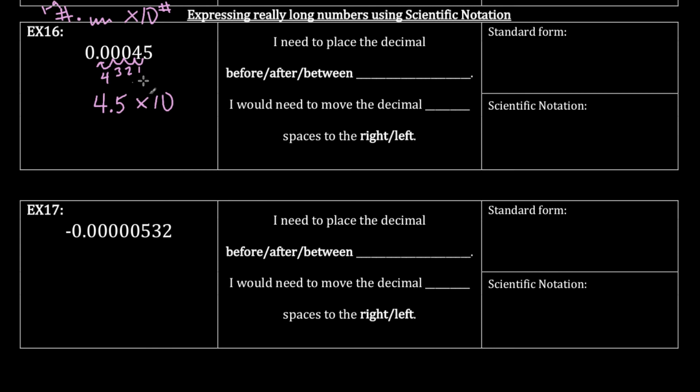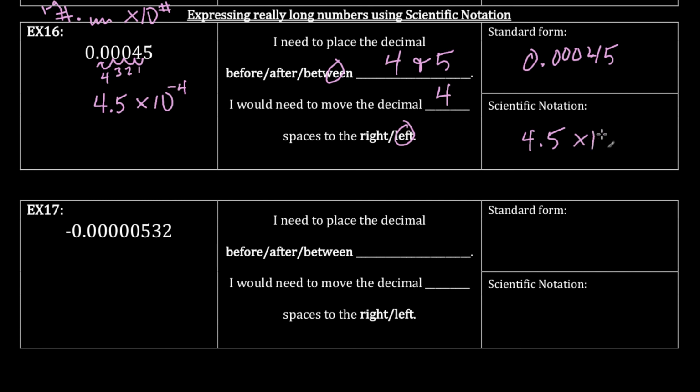So I need to put the decimal between the 4 and the 5, and I would need to move it 4 spaces to the left, so we need to divide by 10 4 times. So my standard notation was this number, and scientific would be 4.5 times 10 to the negative 4th power.